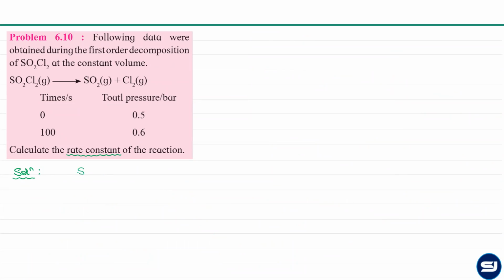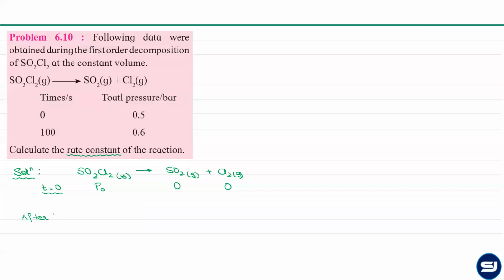कैसे? Let's see. We have SO2Cl2, which is sulfuryl chloride, decomposing into SO2 and Cl2. Let the initial pressure at time t equal to 0 be P naught. Reactant का initial pressure be equal to P naught. Initially, products of pressures will be 0.